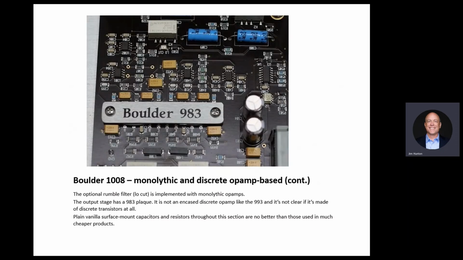So there you go. This is the 993. Okay, it's a plaque. It's essentially just some circuit, no different than other discrete circuits. So there's no special module here. It's just a plaque.